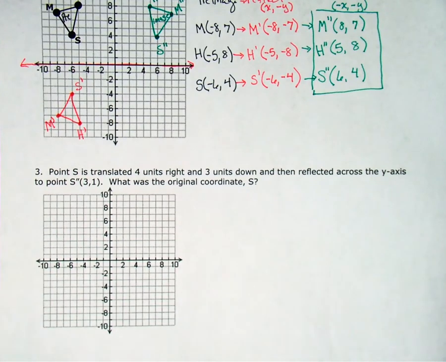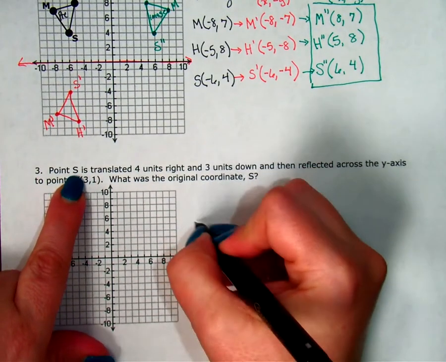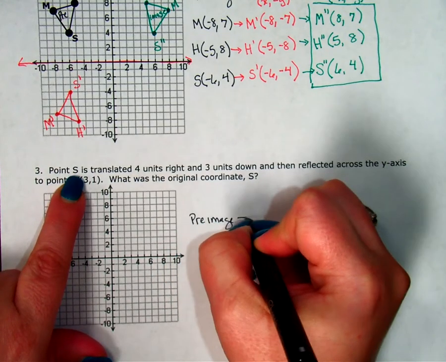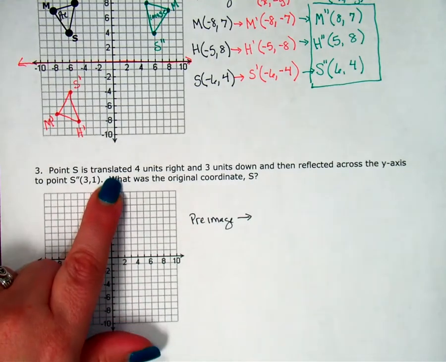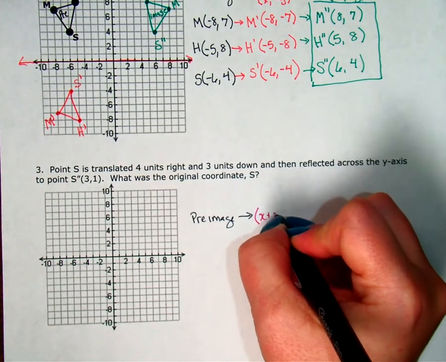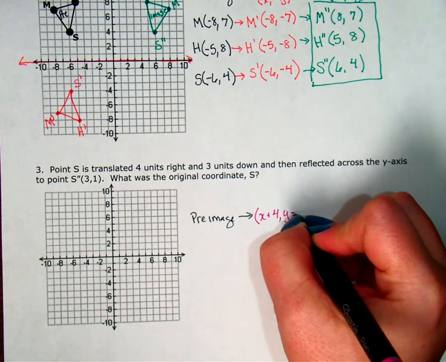Point S, my pre-image. The first thing we're going to do is translate 4 units right and 3 units down. So I know that's going to be x plus 4 and then y minus 3.